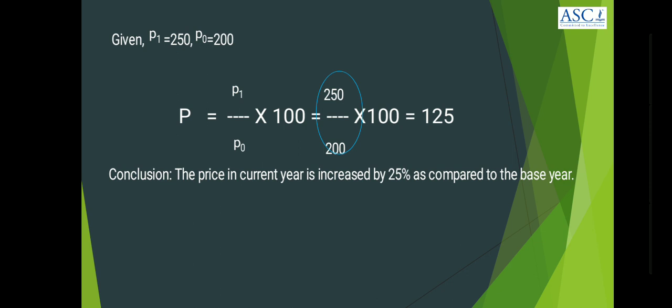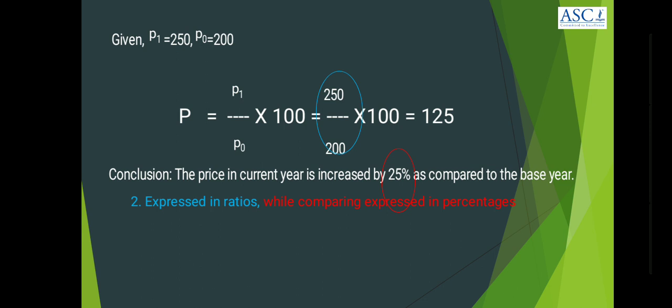But for the purpose of comparison of current year with base year, index numbers are expressed as percentages. In this example, 25% is the comparison indicator in percentage.